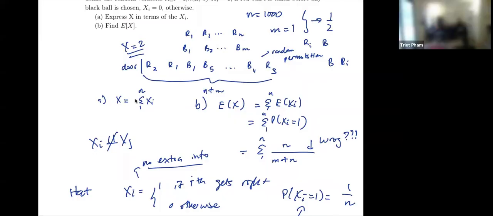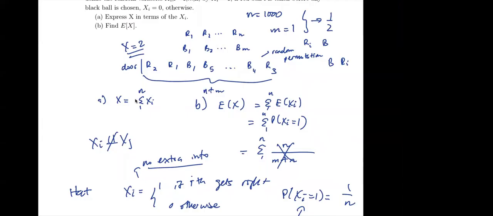So that is tricky here. What should the probability here be? It's not n over n plus n, but what should it be? Generalizing what we just talked about with m equals 1, I would guess that it's 1 over m plus 1.